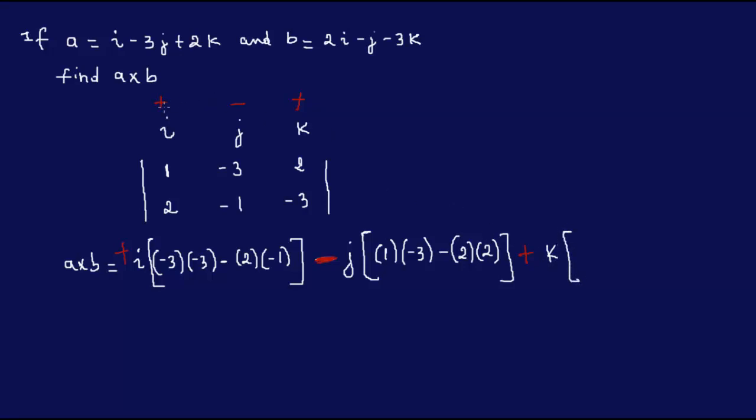Okay, so again, first row gone, last row gone. Act like this is not here, and you take the determinant of the remaining two. So I have 1 and minus 1, I'm multiplying, minus 2 and 3. 2 and minus 3 rather.